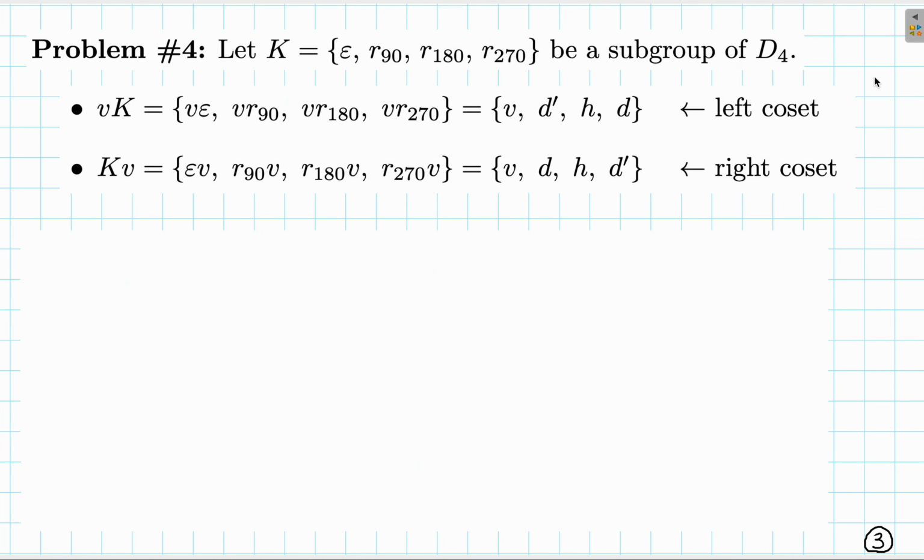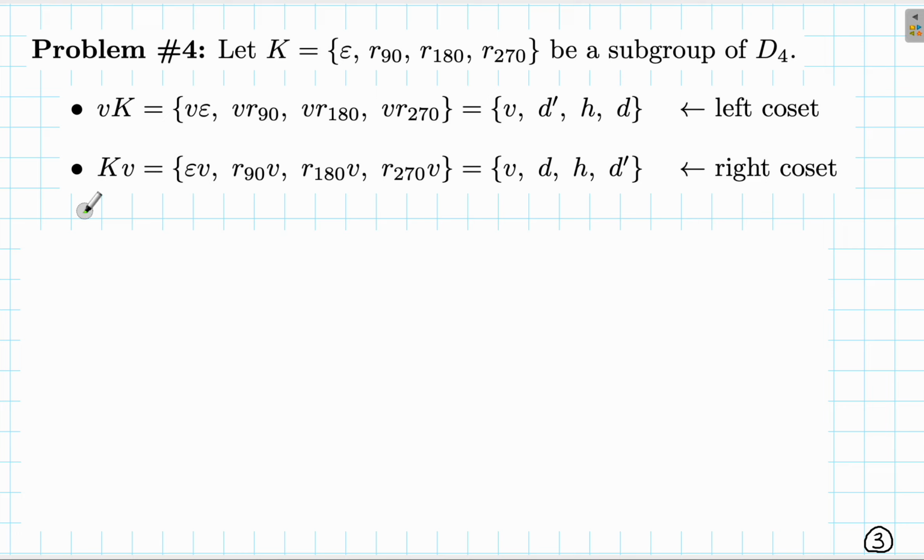Let's first talk about problem 4, where our group was D4. And then we looked at the subgroup K, which contained the 4 rotations. So R0, otherwise known as epsilon, R90, R180, R270.